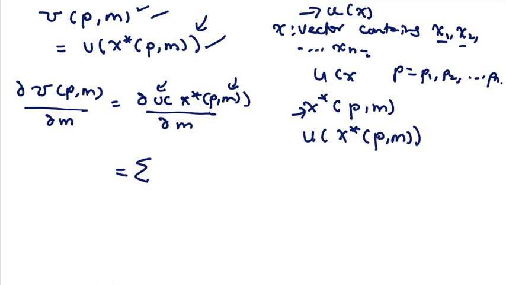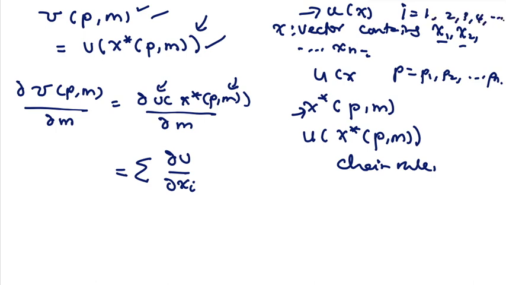Then in order to differentiate, we need to use what we call chain rule. So delta u over delta, not delta x, but delta xi, because i here refers to 1, 2, 3, 4 until n, times delta xi over delta m. Okay, that's how we do it.